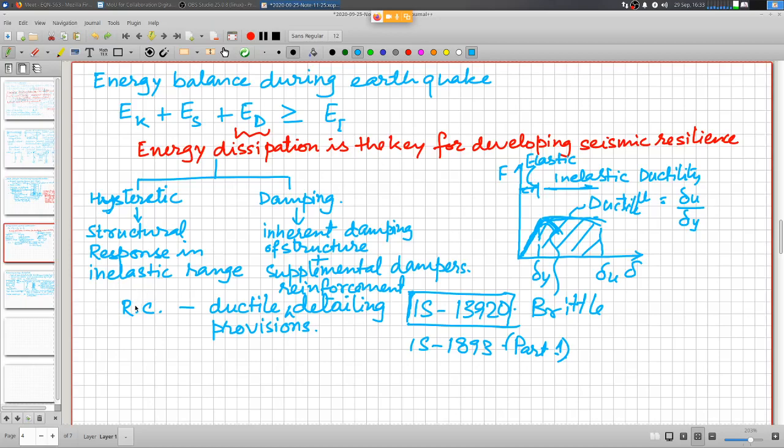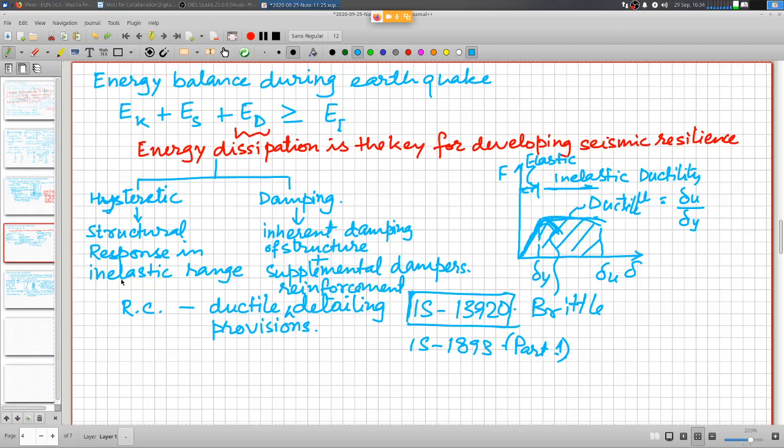So what is the effect of this? The idea is, even for the intensity of earthquake that we classify as a design basis earthquake, for which the structure is designed, we do not expect the structure to remain undamaged when an earthquake of that severity actually occurs in the region, or the building is subjected to that kind of motion, right?